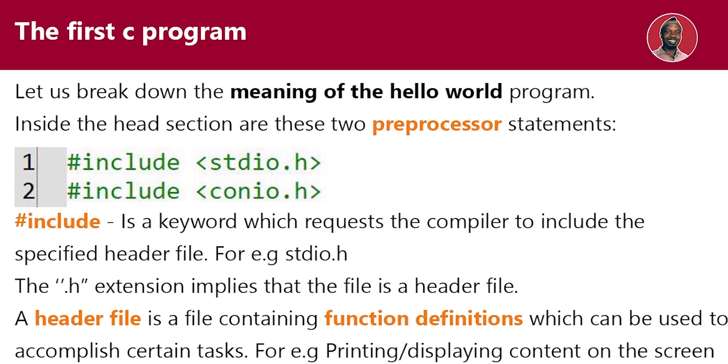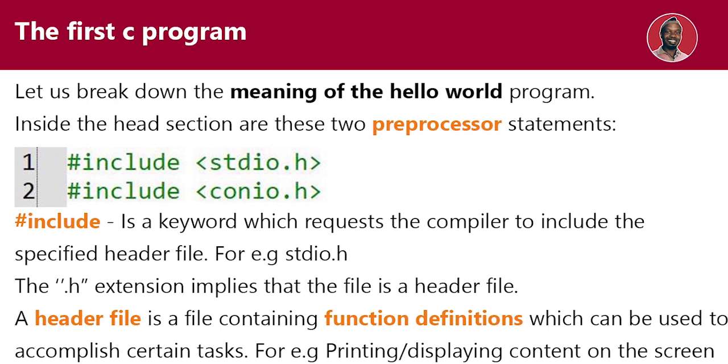Inside the head section are these two preprocessor statements. Hash include opening tag stdio.h closing tag, and then the next line we have hash include opening tag conio.h closing tag.